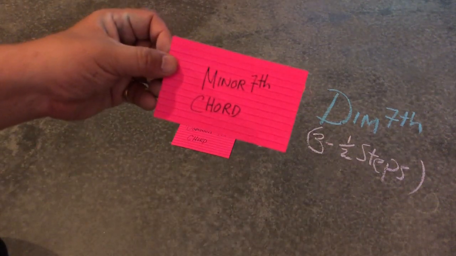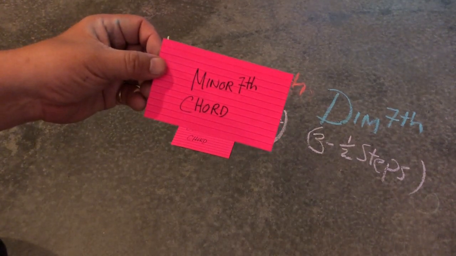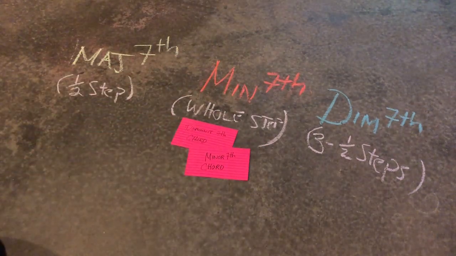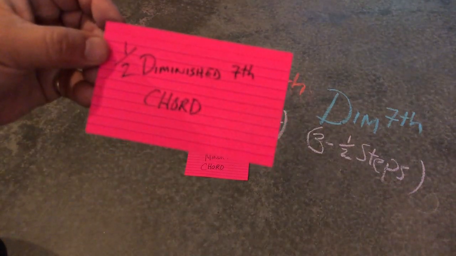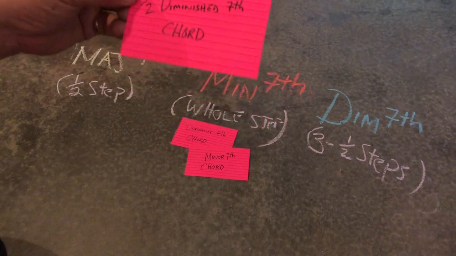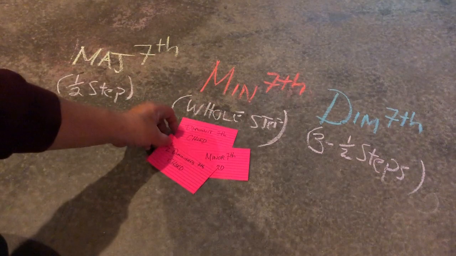A minor 7 chord, we remember, has a minor triad in it, but what kind of 7th does it have in it? You go down a whole step, it has a minor 7th as well, okay? How about a half diminished 7th chord? Well, it's got a diminished triad in it, but from the root to the 7th, it's a minor 7th.